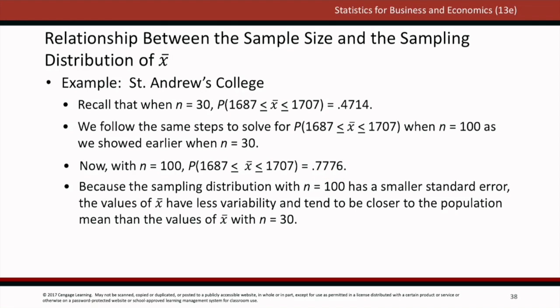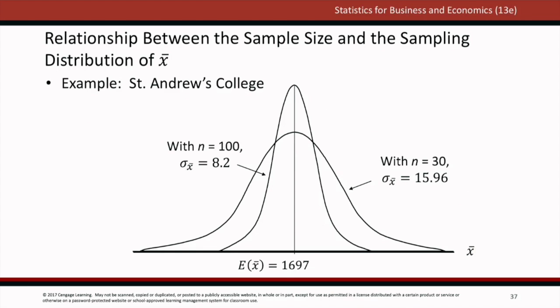0.7776. Because the sampling distribution with n equal 100 has a smaller standard error, the values of the sample mean have less variability and tend to be closer to the population mean than the values with n equal 30. Okay? And that statement is just this.